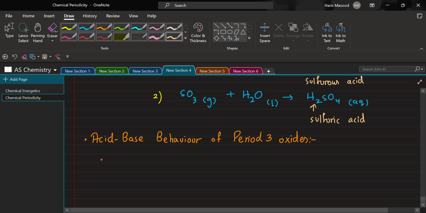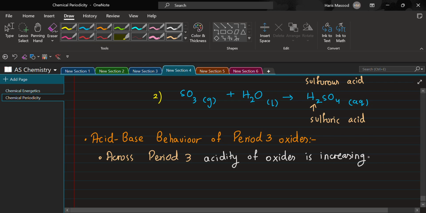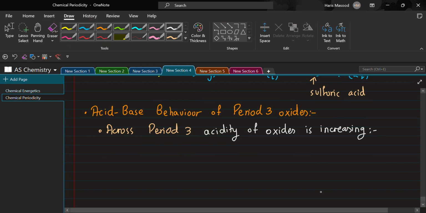Okay, so across period 3, acidity of oxides is increasing, like first we had basic, amphoteric, and then we had acidic.